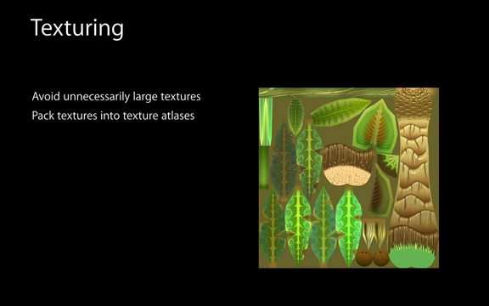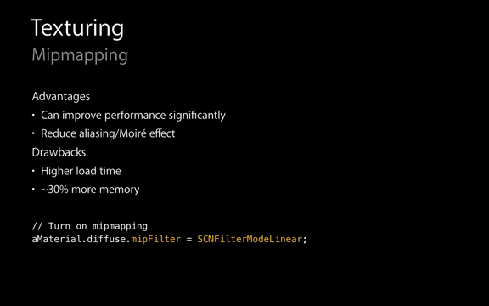If you need to use very large textures, though, you can also try to play with MIP mapping. MIP mapping improves the performance a lot when you are rendering a large texture at a small size, because it will pre-compute smaller resolutions of your texture. It can also improve the rendering by reducing some aliasing effects and some moire effects.